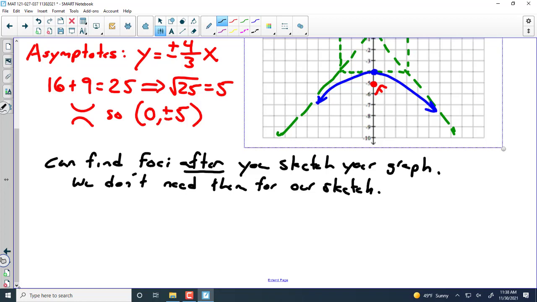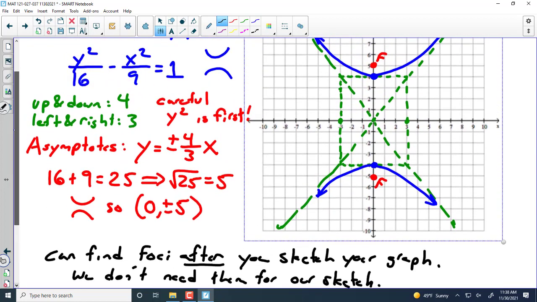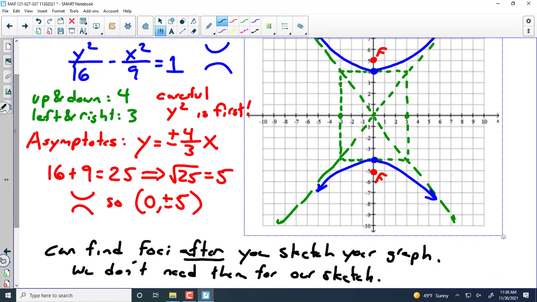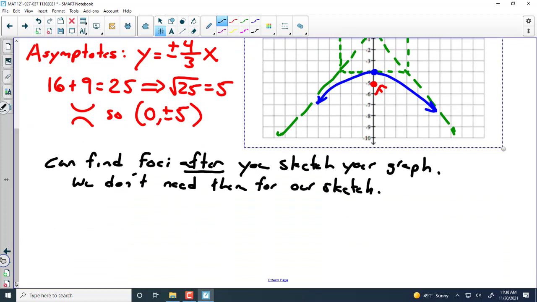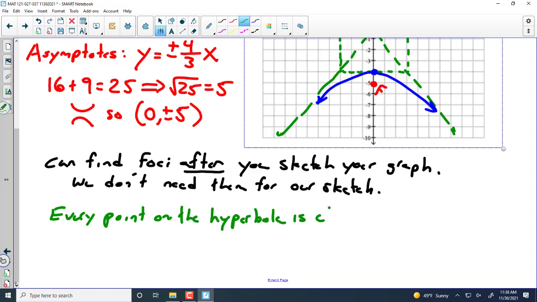You can still draw the hyperbola even if you don't know how to find the foci. But we do need the foci because they give the hyperbola its shape. And here's how it works. Every point on the hyperbola is closer to one focus than the other.